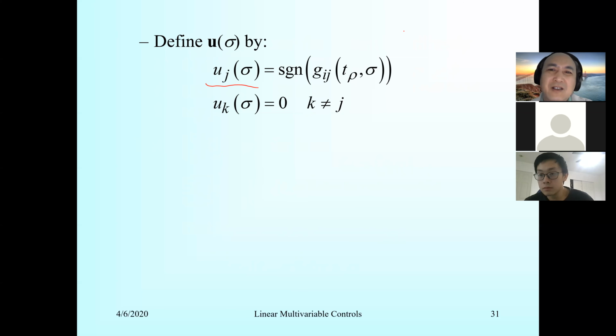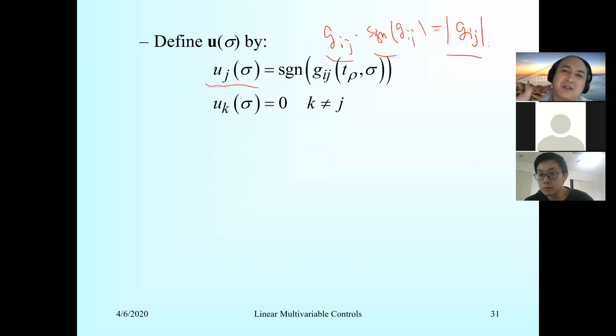What does that mean? That means I have something like G_ij that I want. Then I take the sign of G_ij. If I have G_ij times the sign of G_ij, that will automatically give me the absolute value of G_ij. Make sense? Anything times its sign will be the absolute value. So that's the trick.